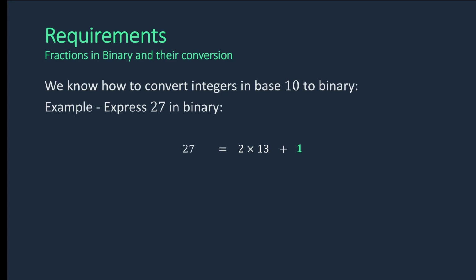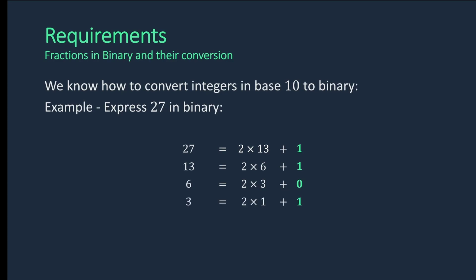So just keep in mind that we're dividing the number by 2 actually, but we're just writing it in a different way. Now in the next step, because 13 is our quotient, again we're going to divide it by 2. The new quotient this time is 6. The remainder is again number 1. Again, we're going to continue this process. Now the quotient is 6 divided by 2, and so on.